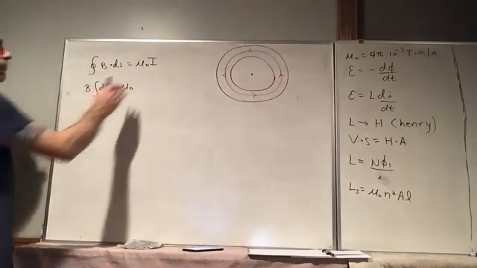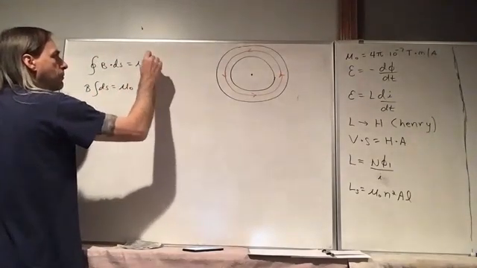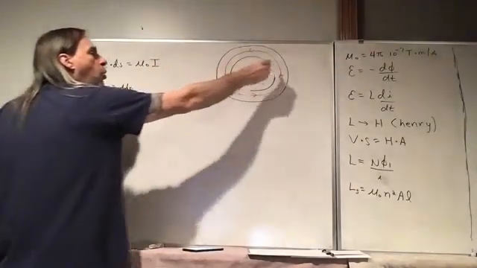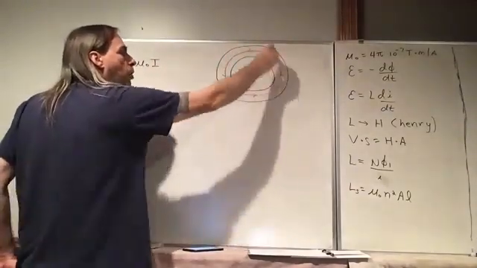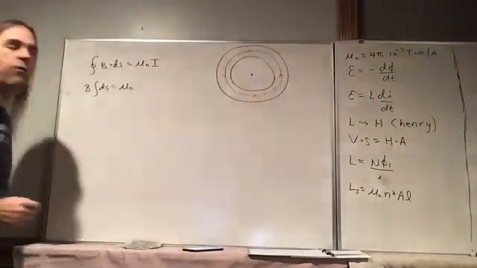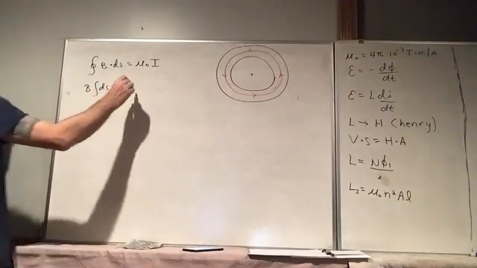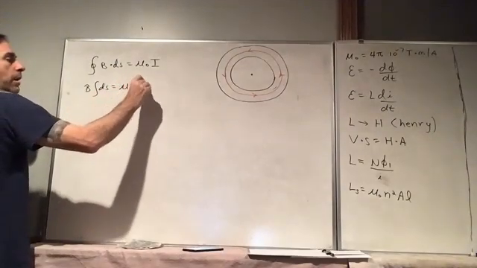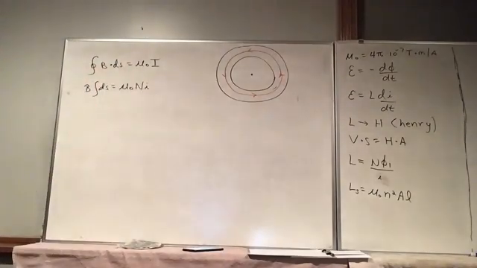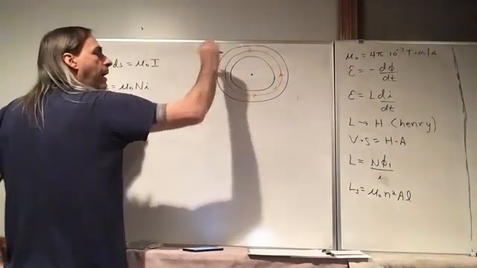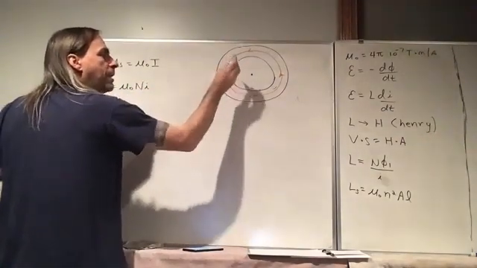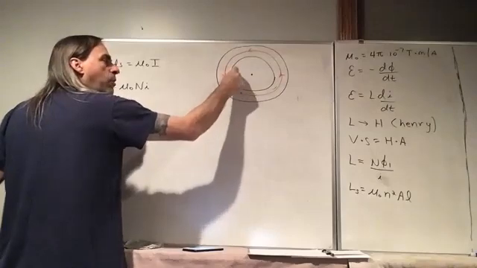Now, let's say I is the total current through the surface formed by that loop. We have a current lowercase i in the wire. And if there's N turns, like say the wire comes out and then loops around and goes in, it's crossing our surface only on the inside.